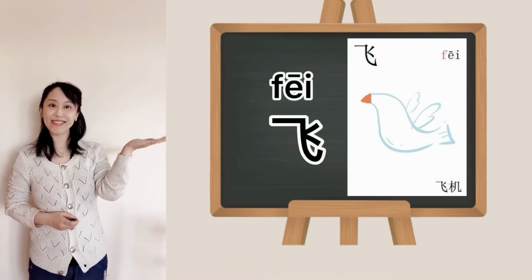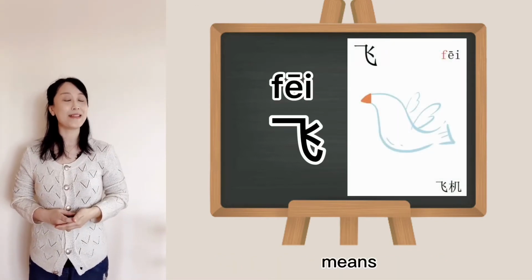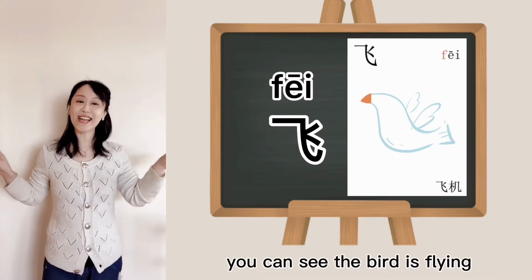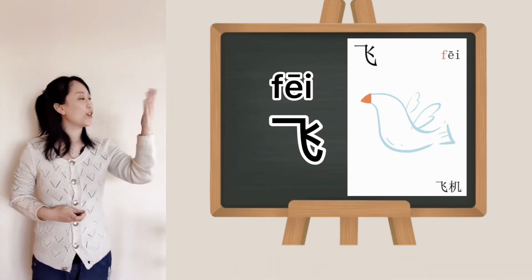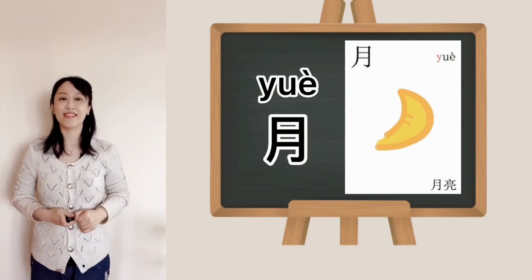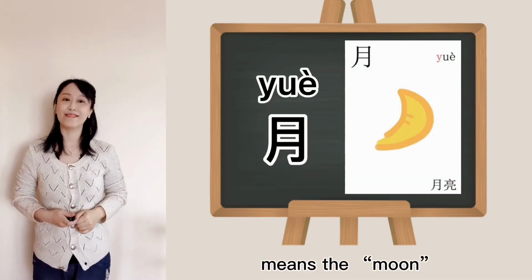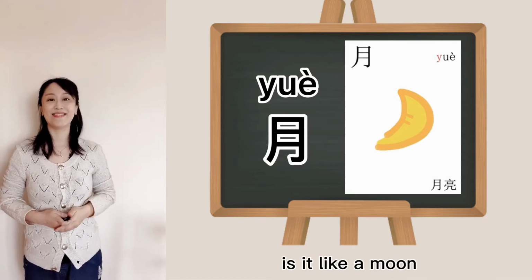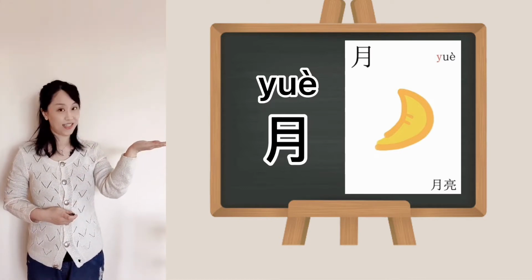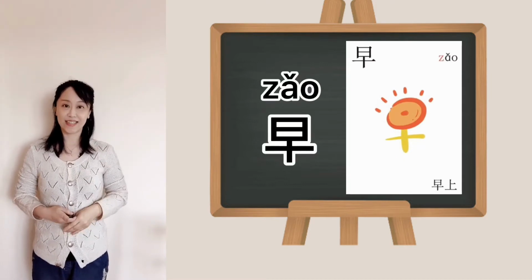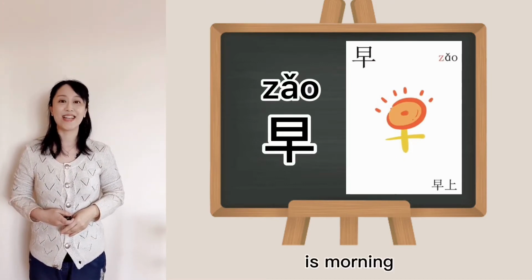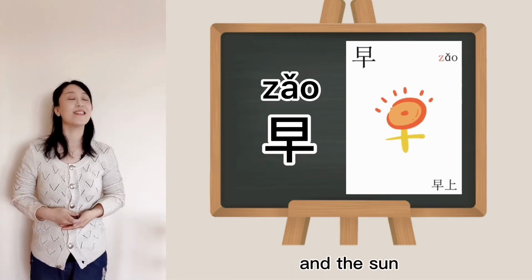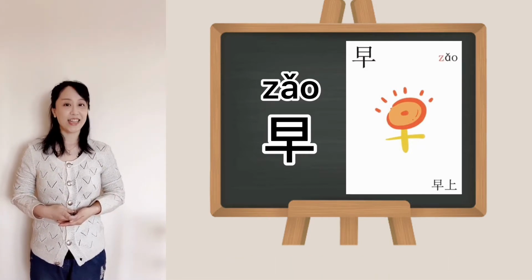飞 Fei means fly, so you can see a bird is flying. 月 Yue means the moon, so see the shape is like a moon. 早 Zao means morning, so you can see a little flower and the sun. 太.